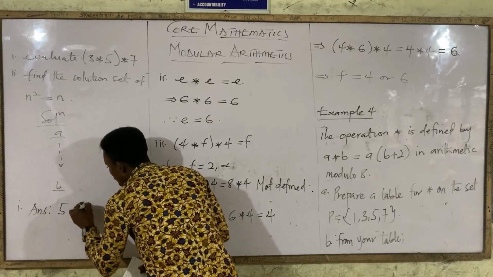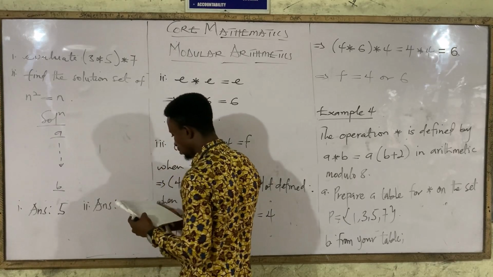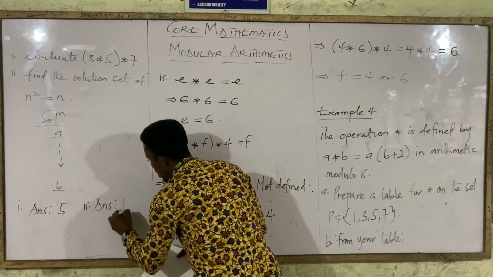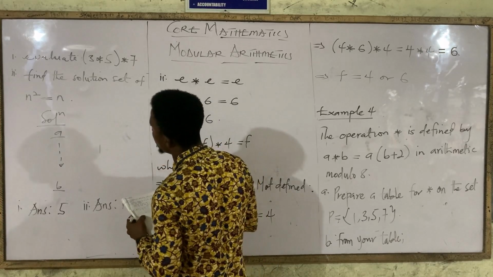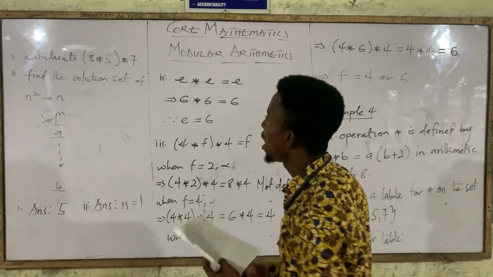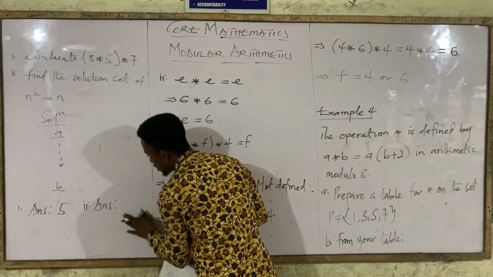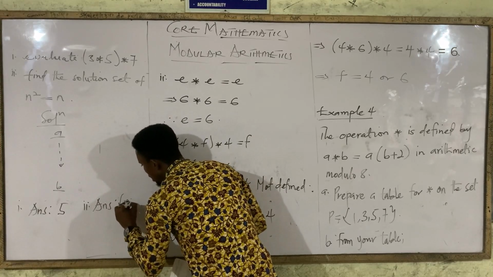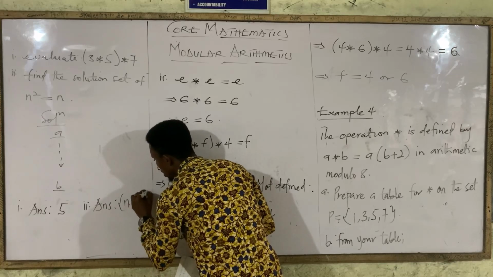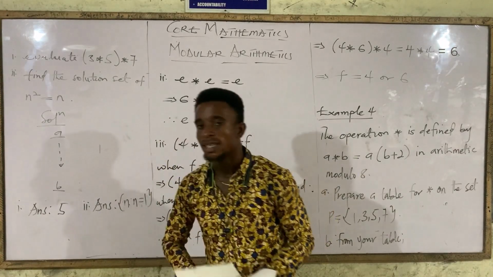And for the second answer, you will get just 1. So you get n is equal to 1. Okay. And that one, you have to find the solution set. So it is going to be n such that n is equal to 1. So that is what you are going to get for the second one too.